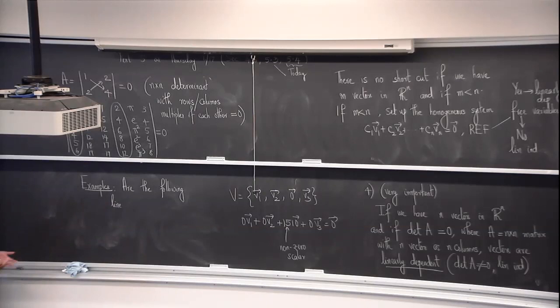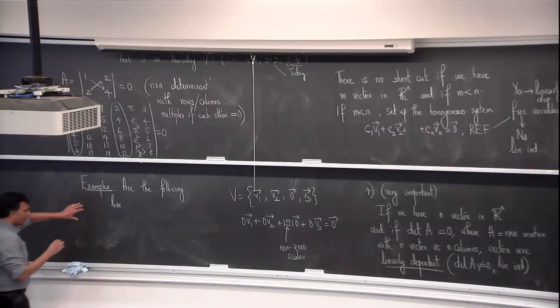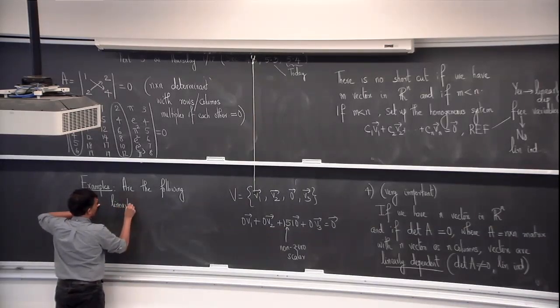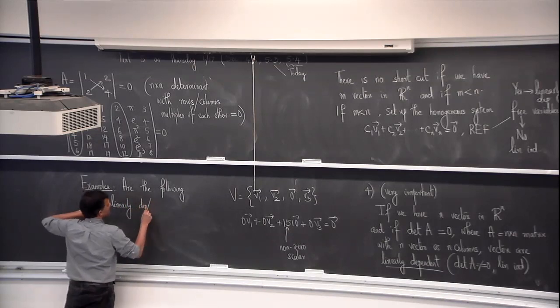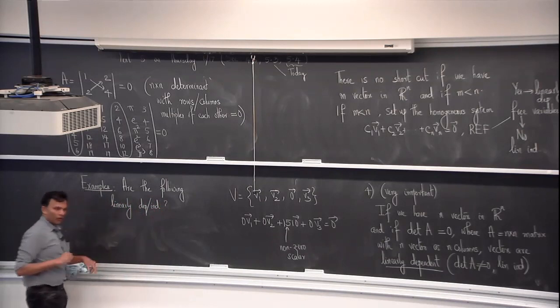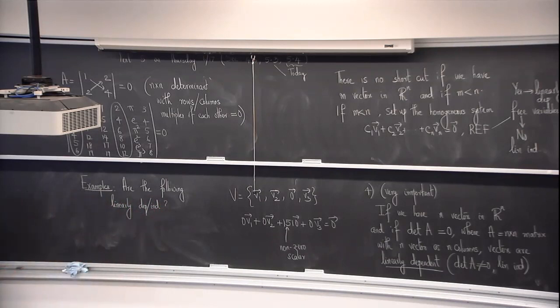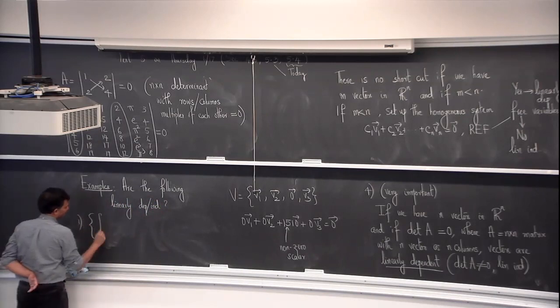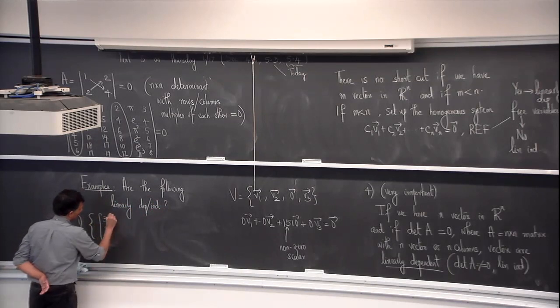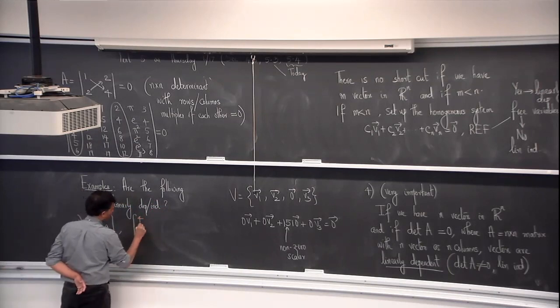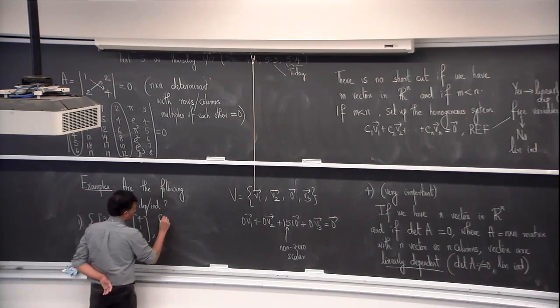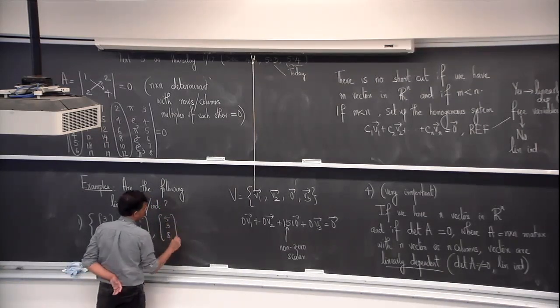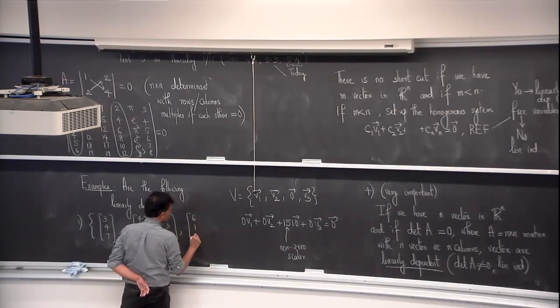We're not really finding the linear combination, we'll do that later. Are the following vectors linearly dependent or independent? I'm going to use D and IND just to shorten my writing. First one: 3, 4, 7, 4, 1, 2, 5, 3, 8, 6, 1, 9.